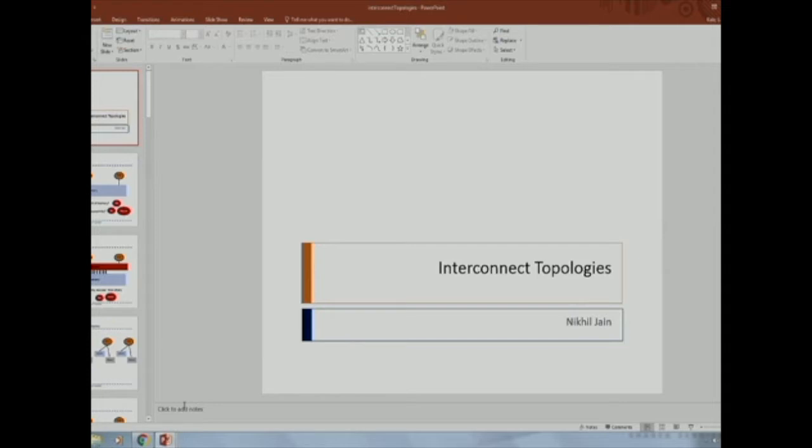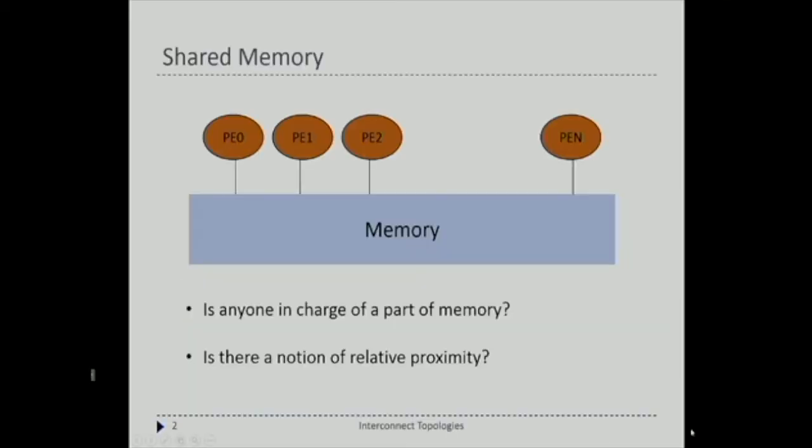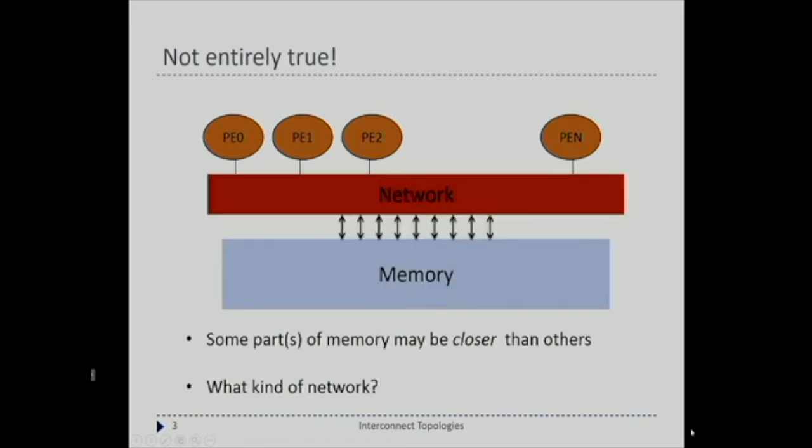And everything else you have to build out of those. This is the reason why you actually have to build an interconnection topology. So this was a shared memory view of things. Anyone can access the same memory, and so there is no notion of relative proximity, and with NUMA we know there is something.